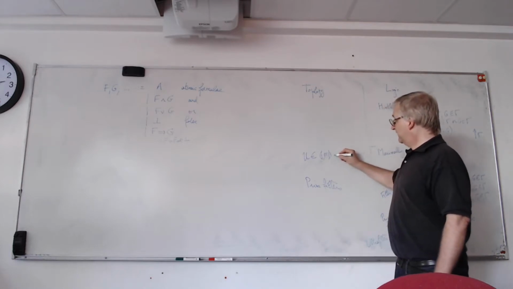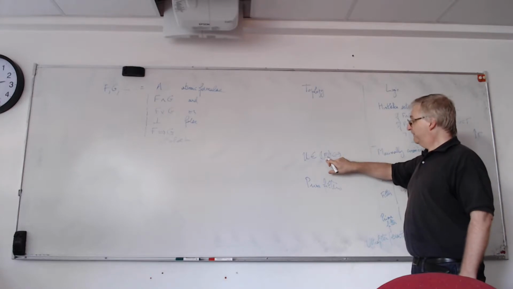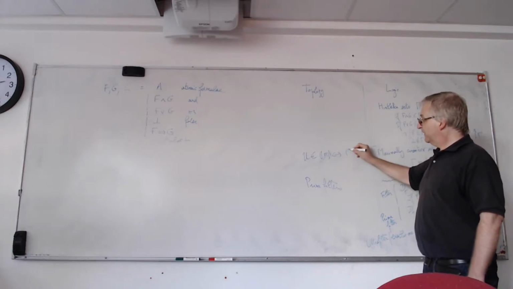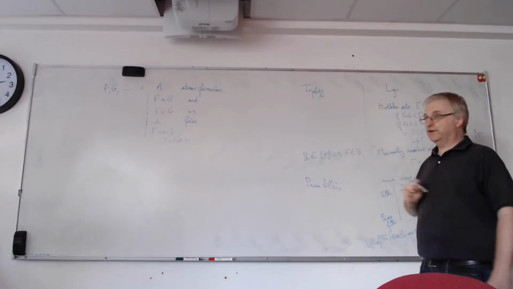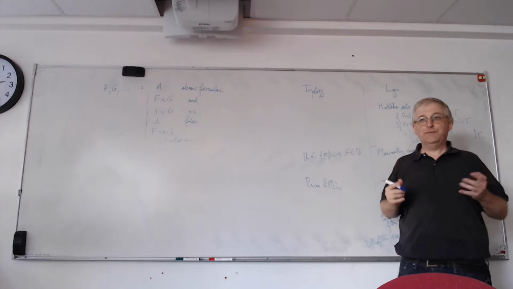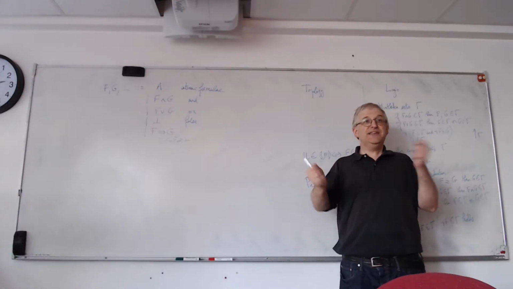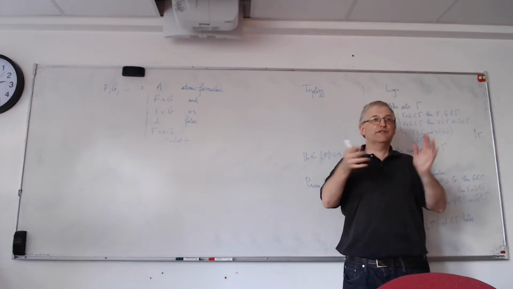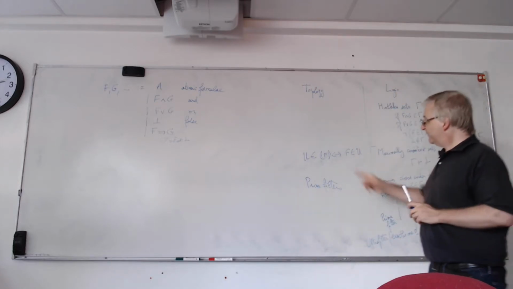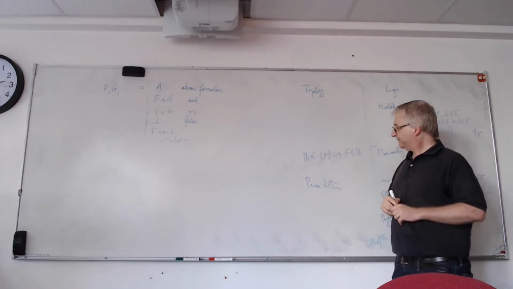So U, an ultrafilter, or a point of the space, is in the open set associated with F if and only if formula F is in the ultrafilter U. And it's a familiar thing because, as you remember, we have done that already, to say that A is in B if and only if B is in A, modulo some U underscore things and so on. So that is Stone's original definition for Boolean algebras.